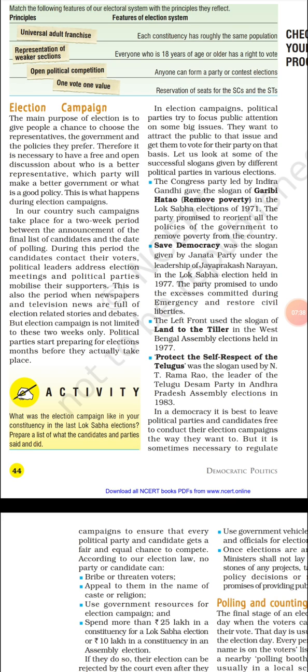But in election campaigns, there are certain rules also, which the parties have to follow. That is called the election law. According to our election law, no party or candidate can bribe or threaten the voters. They cannot appeal to them in the name of caste or religion.